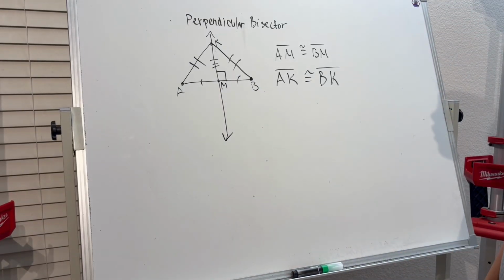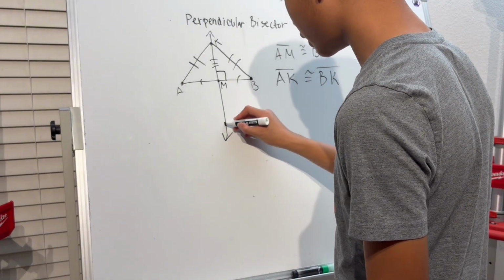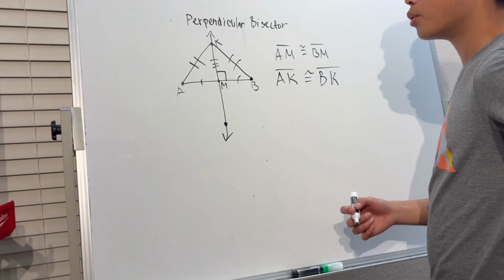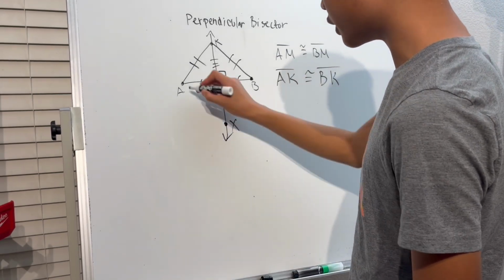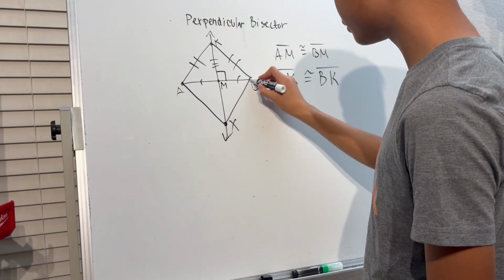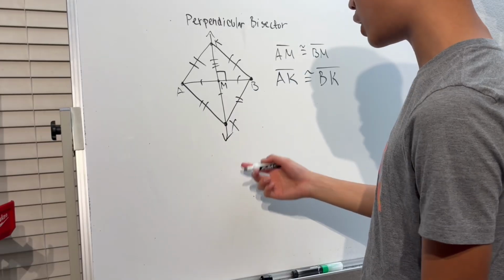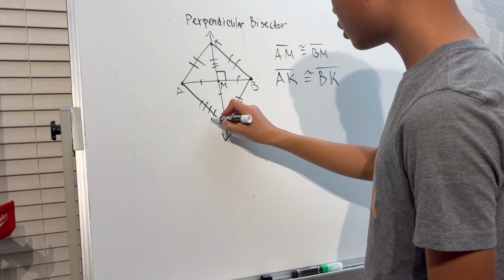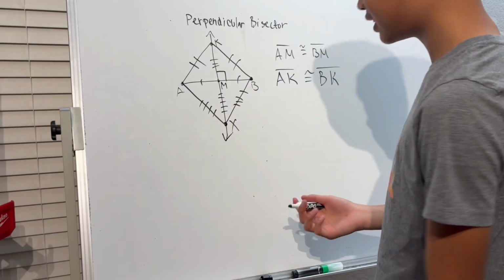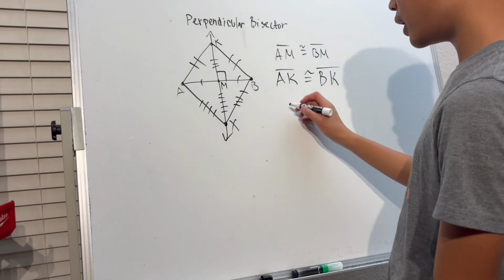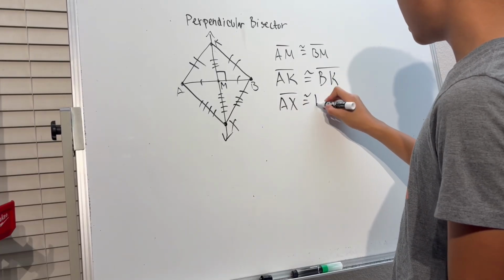Very cool, right? So let's have a point down here, let's say point X. Connect the point to the endpoints. These are congruent, so AX is congruent to BX.